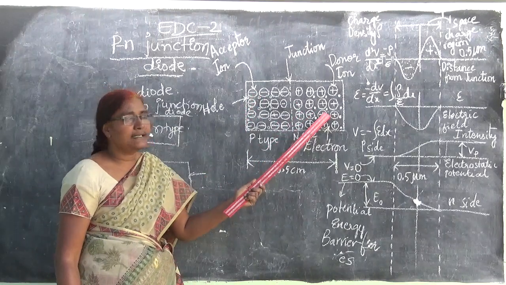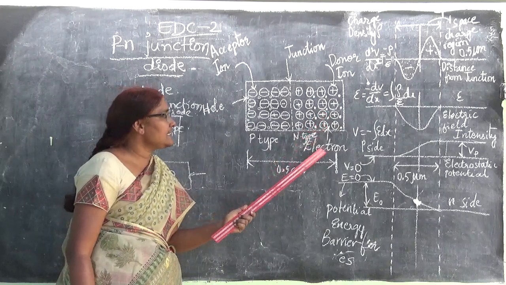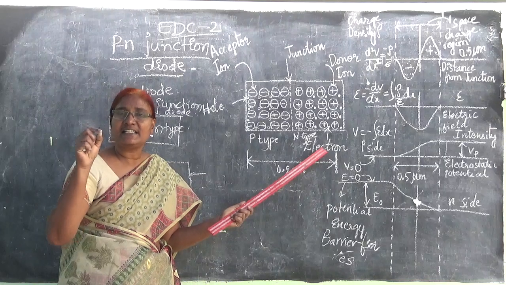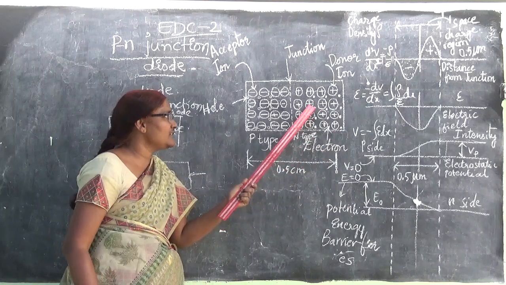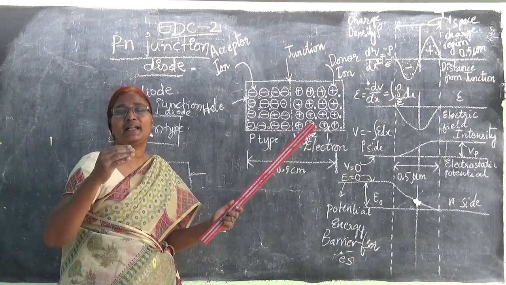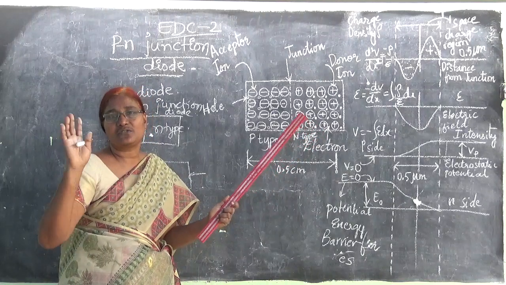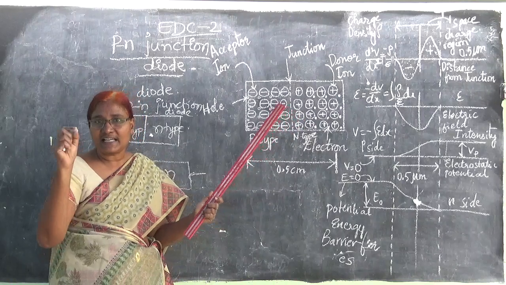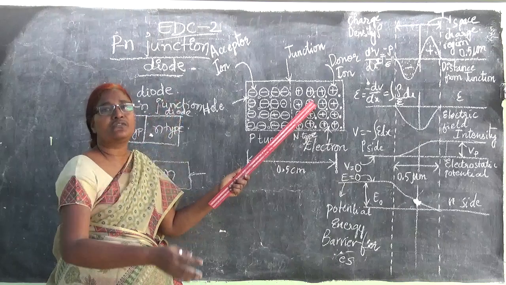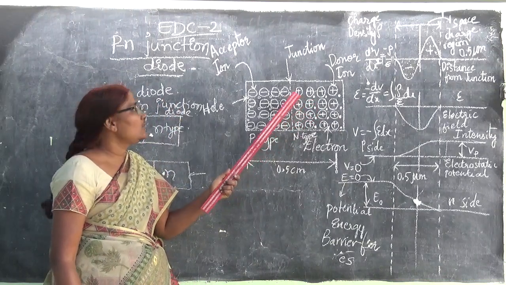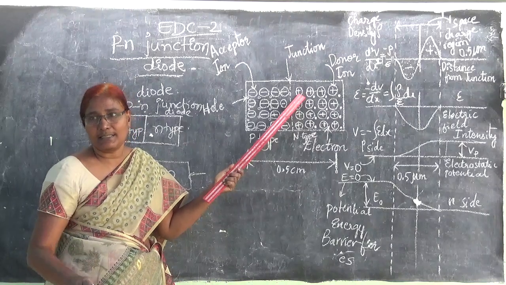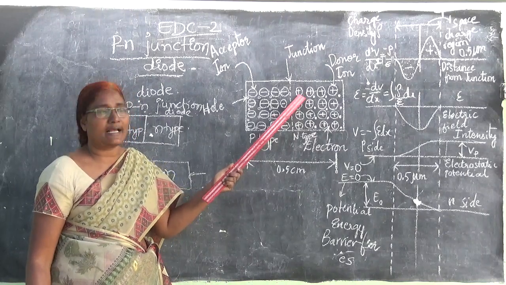And on this side, this is an n-type semiconductor material. Very little energy is sufficient to break the covalent bond and throw the electron out of its covalent bond. If one electron goes out of this atom, that atom will become a positive ion.